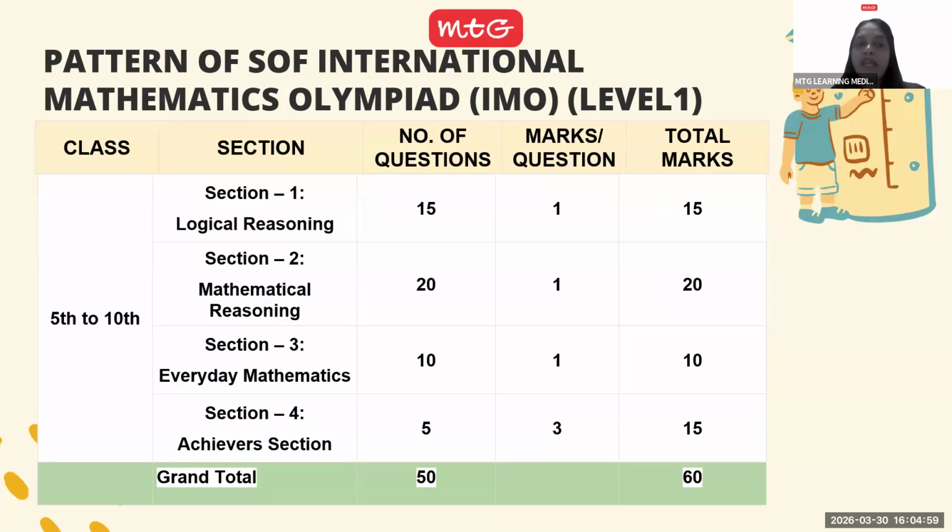Now, speaking about the pattern of the SOF International Mathematics Olympiad Level 1. You might have appeared for Olympiad exams and have a basic idea of how the question paper is framed. For class 5th to 10th standard, there are overall 4 sections, and the total questions asked for this Olympiad Level 1 are 50.